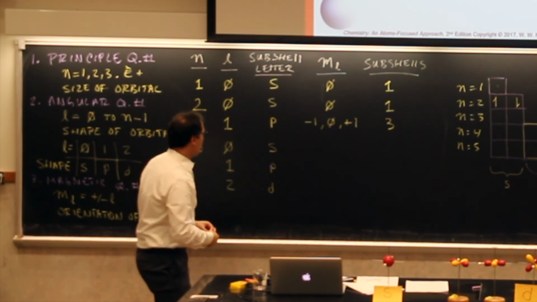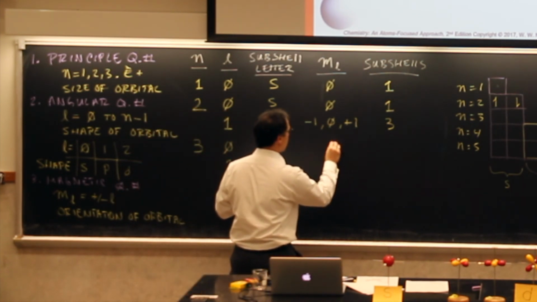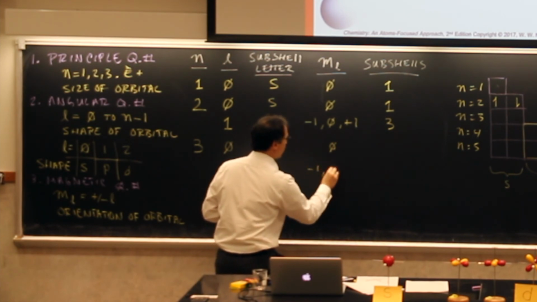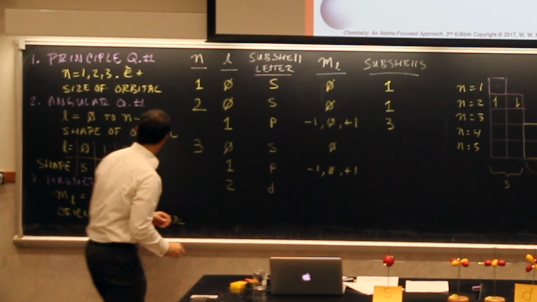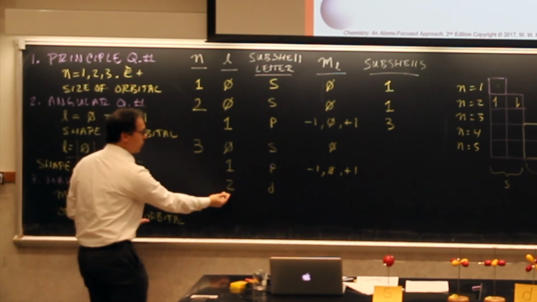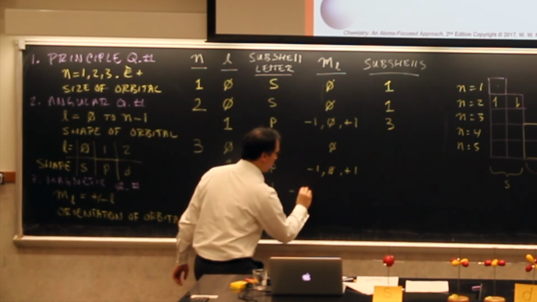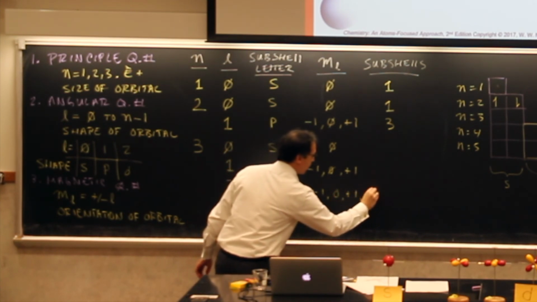I love that. Okay, so s, p, d, and our values here: s is still 0, p is still -1, 0, and +1, and d is going to be plus or minus l. Here l is 2, so plus or minus 2 gives -2, -1, 0, +1, +2.